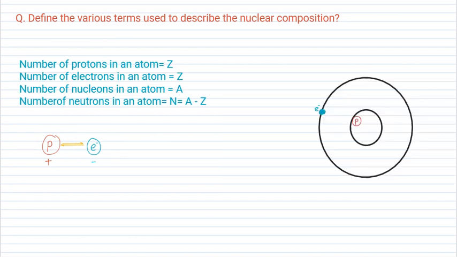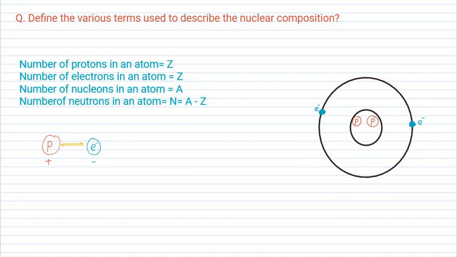So look at this picture: if you have one proton inside the nucleus, then you have one electron revolving around this nucleus. Similarly, if you have two protons inside the nucleus, then there should be two electrons revolving around the nucleus. Therefore, the number of protons and the number of electrons should be equal in order to keep this atom neutral, or I can say in order to keep this atom stable. Thus, the number of electrons in an atom is also equal to Z.